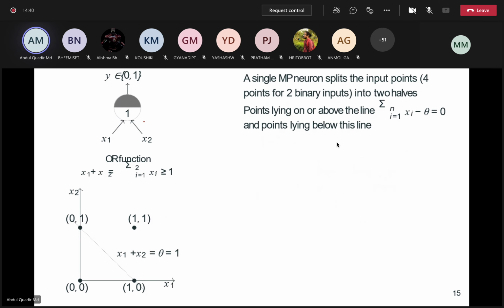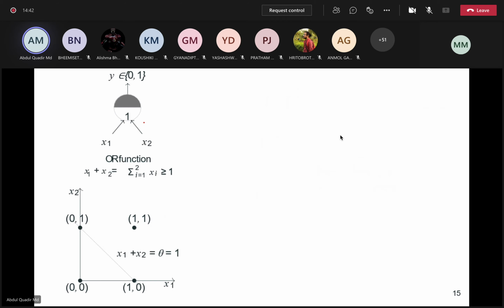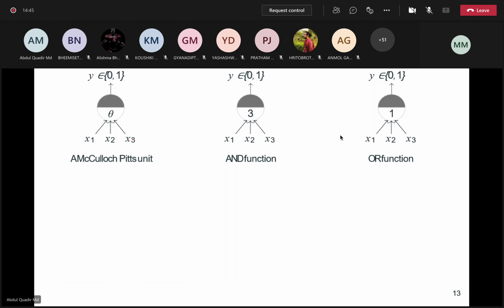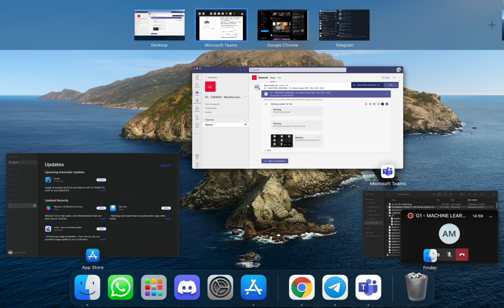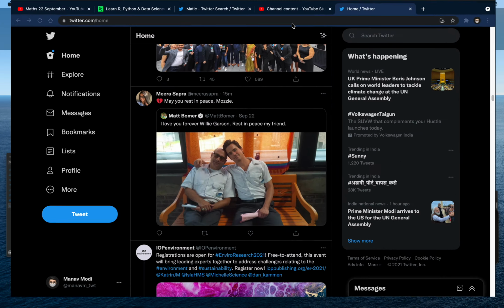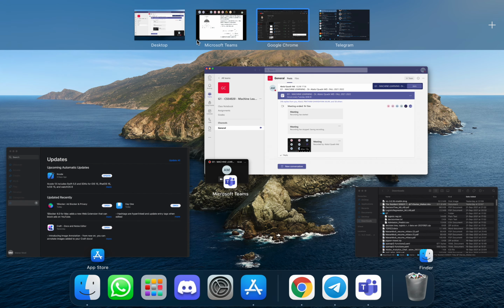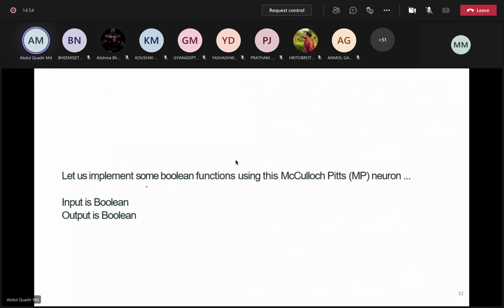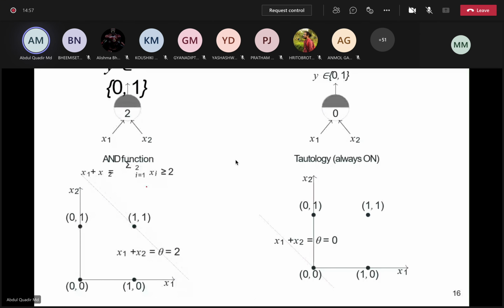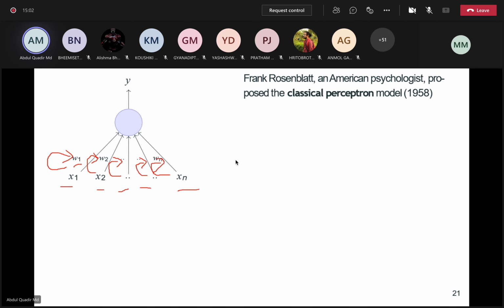If you look at the basic model of an MP neuron, there are no weights. But in the perceptron, the only difference is that we are adding weights to the inputs. If you want to give more weightage to x2 and less weightage to x1 and full weightage to x3, or equal weightage to all four, you can play around with the weights.